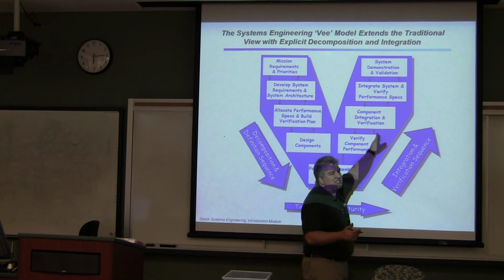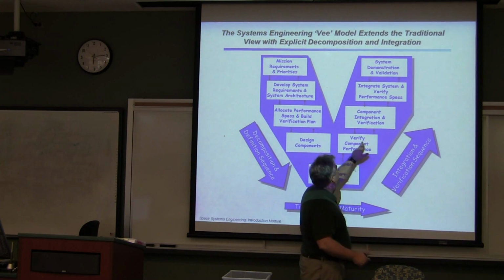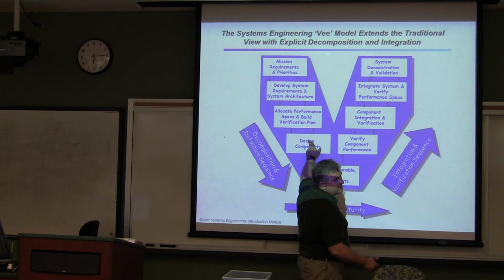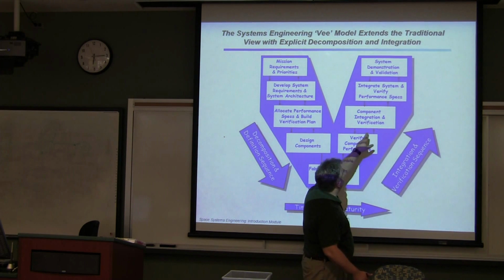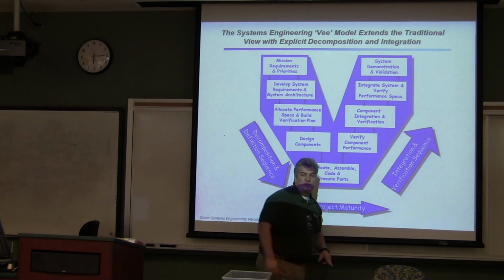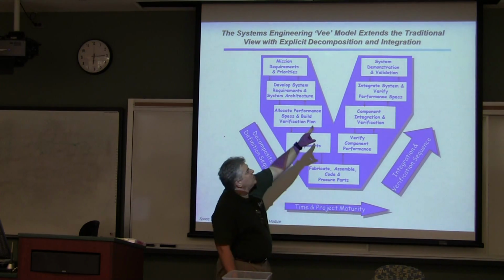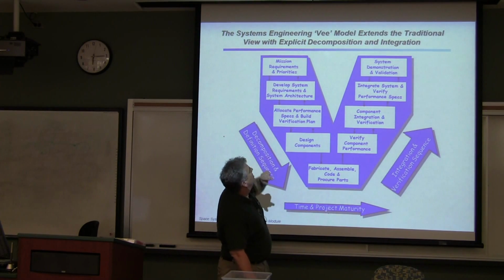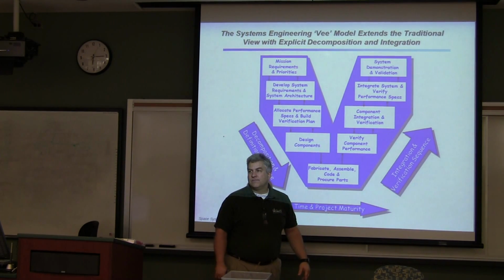And then on the way up this side of the V, you're verifying what was done at this step. So all the way at the top, system demonstration and validation, you're actually validating your original requirements.